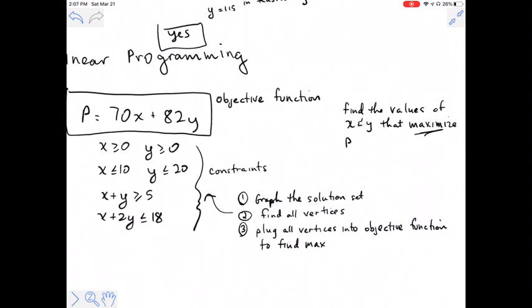If it said minimize, we would have found the minimum value, but to find the max value of P. So there really is only one additional step here, which is step 3. Steps 1 and 2 we've been doing in this lesson for the last 3 or 4 examples. We're graphing a solution set, and then finding the vertices. We've done that before.